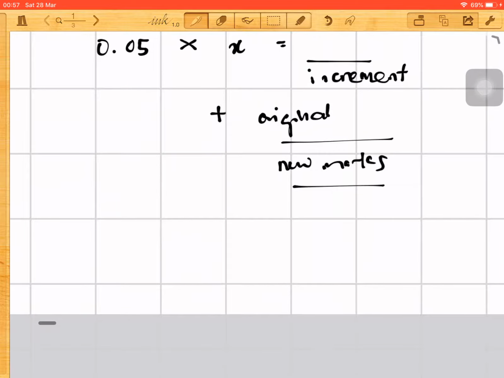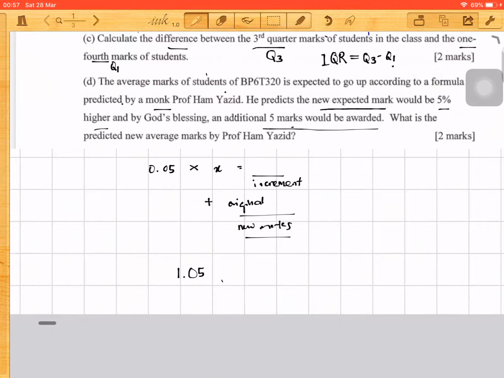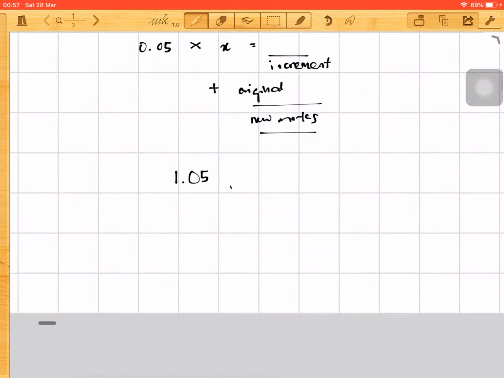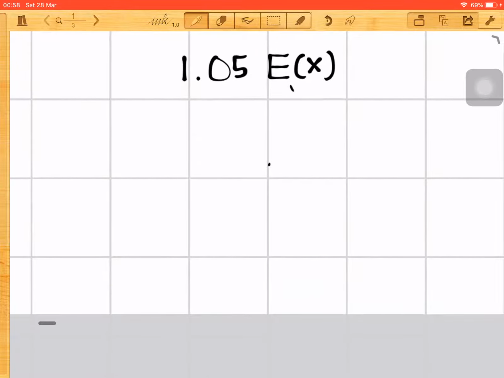That's why I straight away say the new marks will be 1.05 of your old marks. Okay, so it says the new expected will be 5% higher. So this one will be 1.05 times X. Alright, 5% higher, and then it says 5 marks will be awarded.